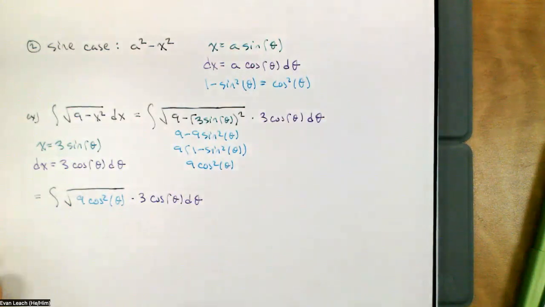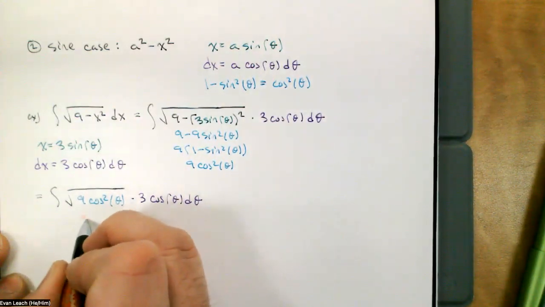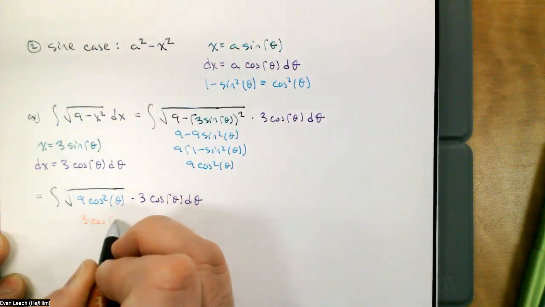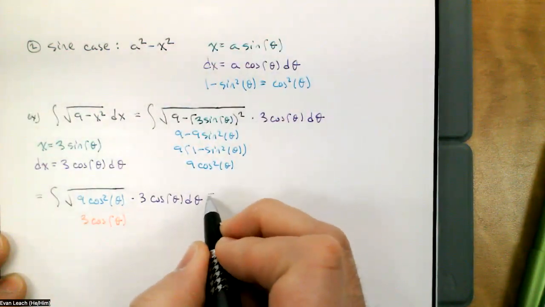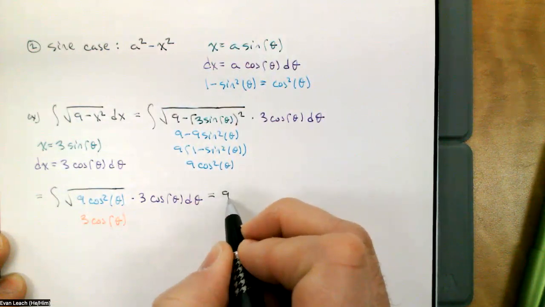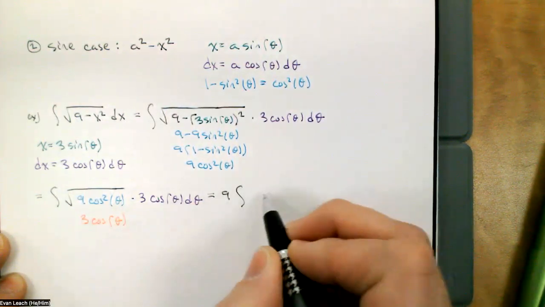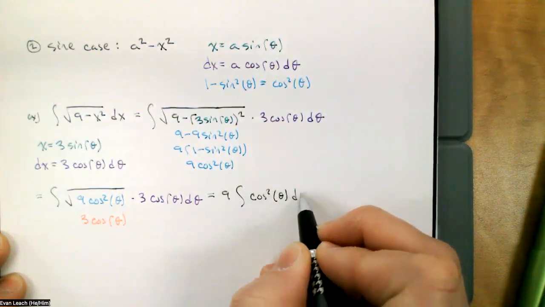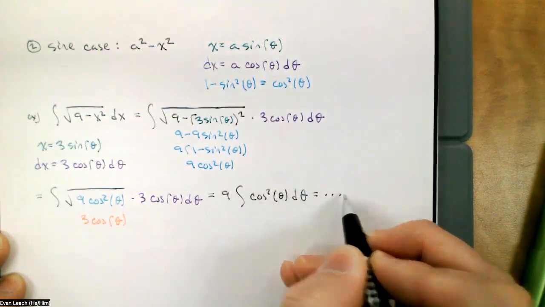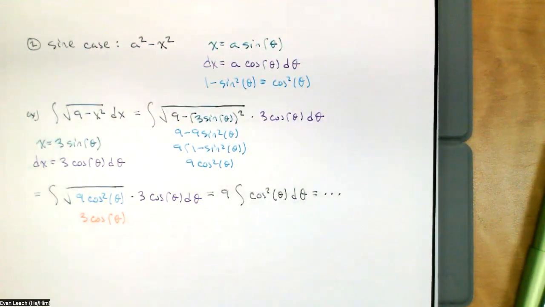Only cosine instead of secant. This is all 3 cosine theta. Now, if I combine that with my cosine over here, I can get the 3's together outside. And then I have cosine squared theta d theta. This is our simplified theta integral that we were going for.